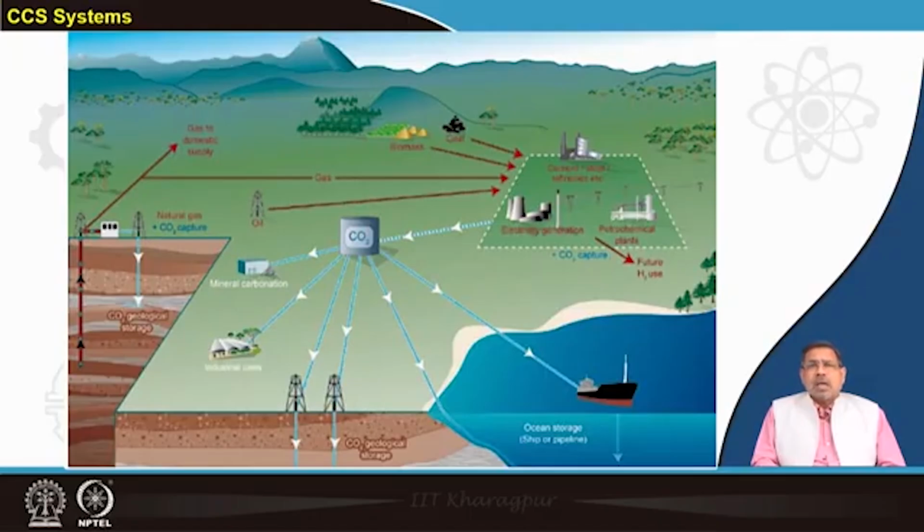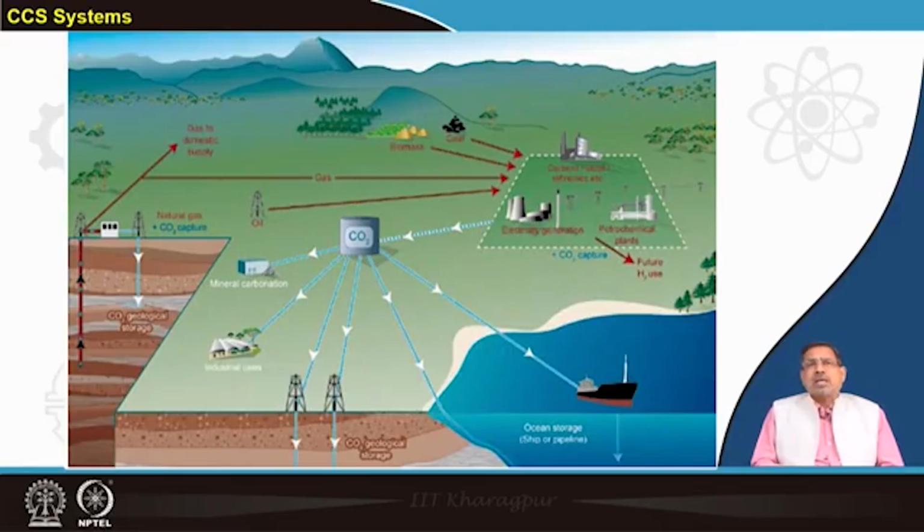If you see on the right hand side, that's the industrial unit, and the red arrows talk about the collection of carbon dioxide, and the blue arrows talk about the collection of this to the industries, and the blue is what is captured, and after that it is transported, either for storage in terms of mineral carbonation, or in oceanic storage, or in geological storage.